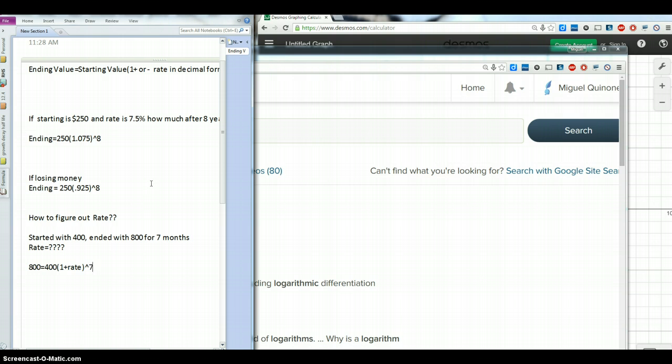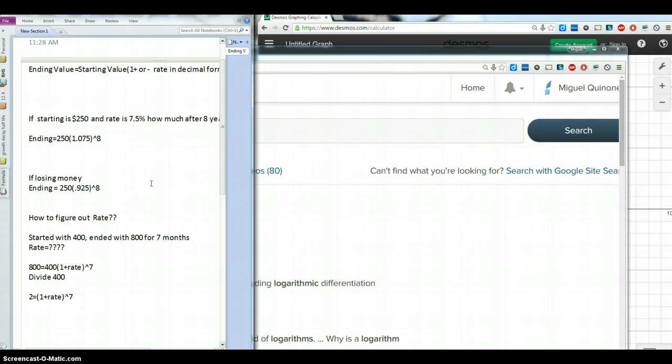Okay. So first thing, I'm going to divide both sides by 400 to get rid of it. I end up with 2 equals 1 plus rate to the power of 7. Divided by 400, that disappeared.